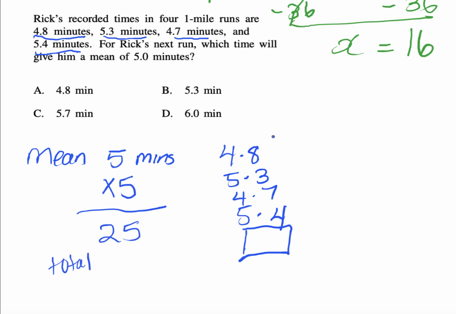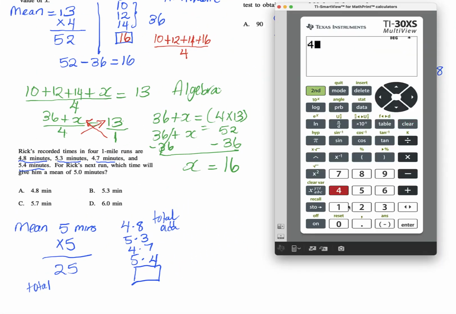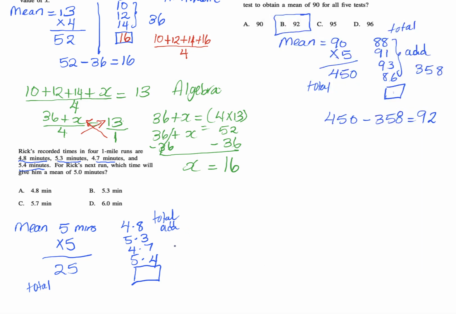Over here, I have to find the total, and I'm going to add 4.8 plus 5.3 plus 4.7 plus 5.4. That gives us a total of 20.2.